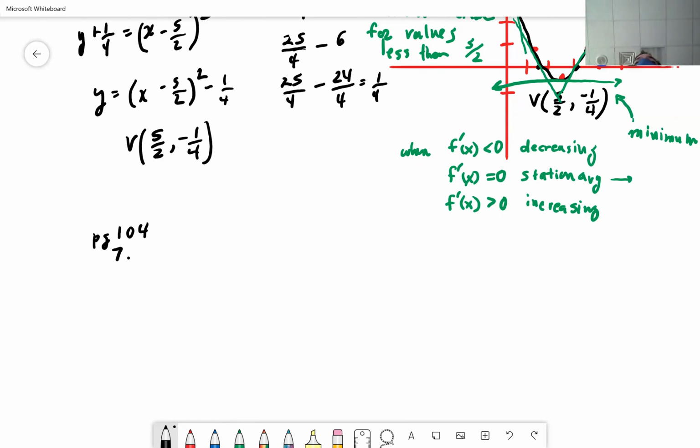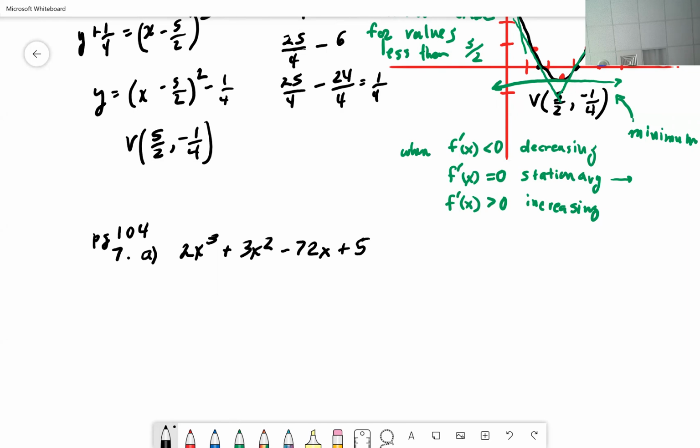Okay, so I'm going to try to pick something that doesn't make me sad, but there's a lot of them. So let's look at 7A. This is on page 104. It says 2x to the third plus 3x squared minus 72x plus 5.